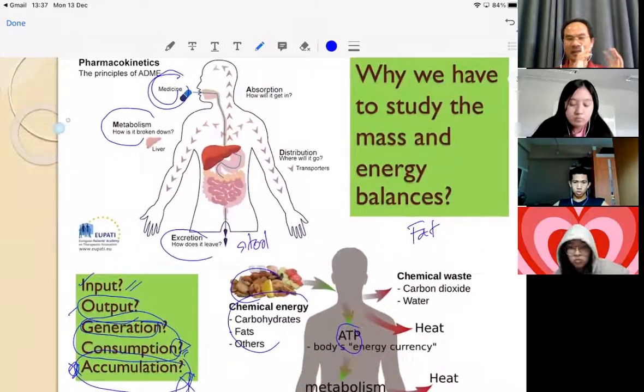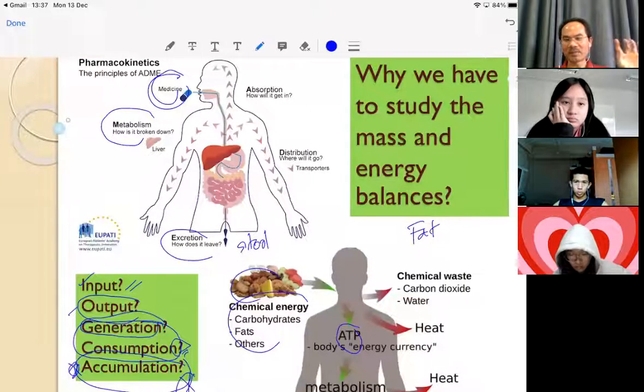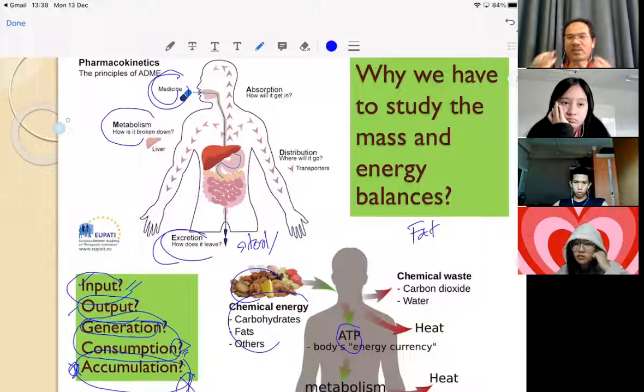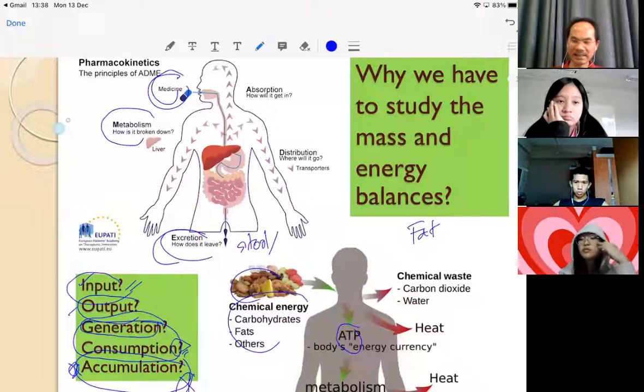When you eat food or take medicine, your body has the food and medicine as the input. And also in your body, we have the excretion in the food and in urine as the output. And also your body converts carbohydrate to sugar, and sugar to energy.